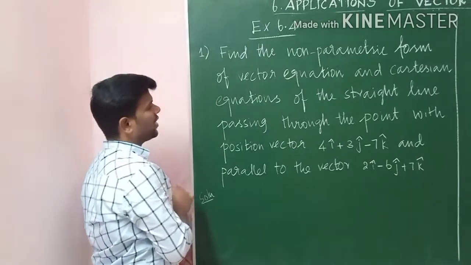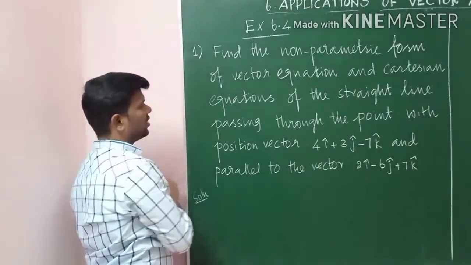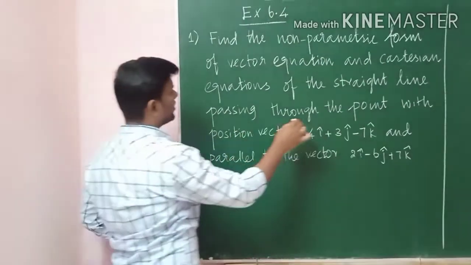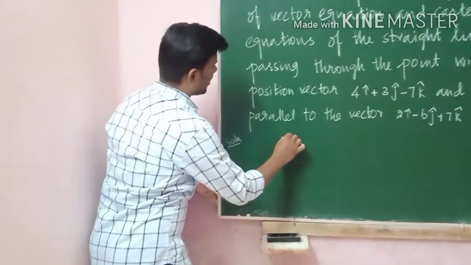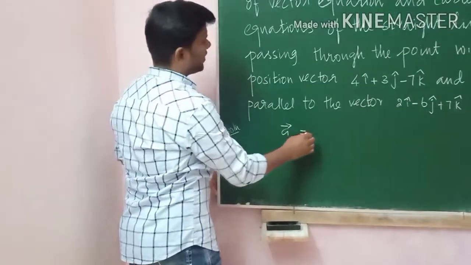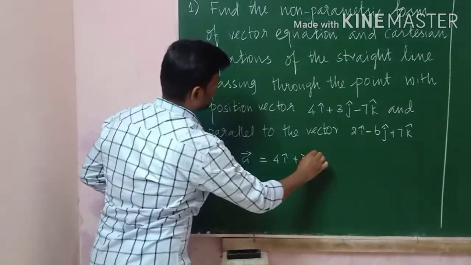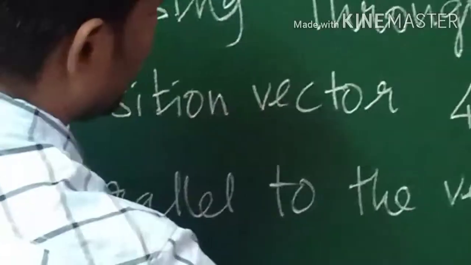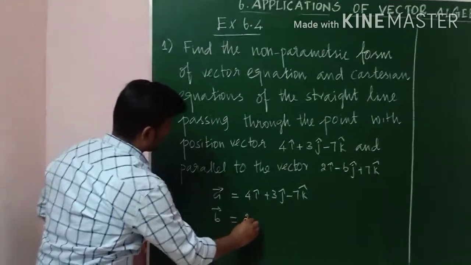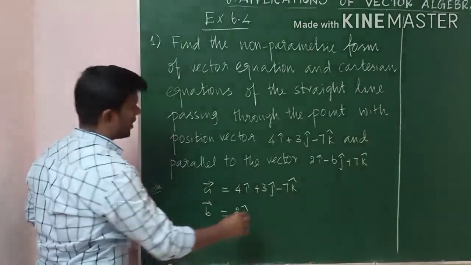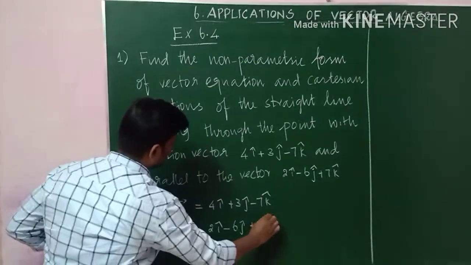So here we have to find the non-parametric form of the vector equation and the Cartesian equation of the straight line when a point and the parallel vector are given. The position vector is A vector, 4i cap plus 3j cap minus 7k cap, and the parallel vector is B vector equals 2i cap minus 6j cap plus 7k cap.